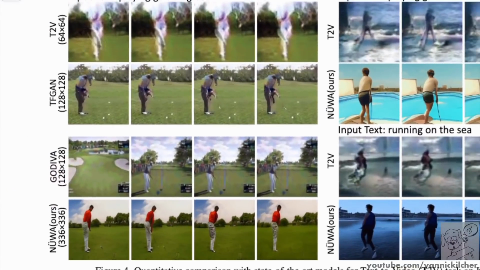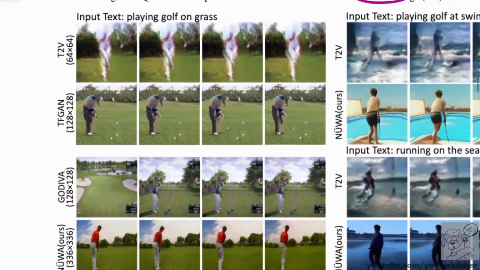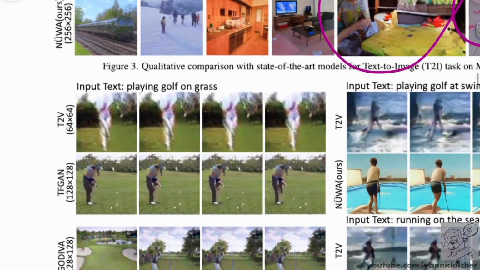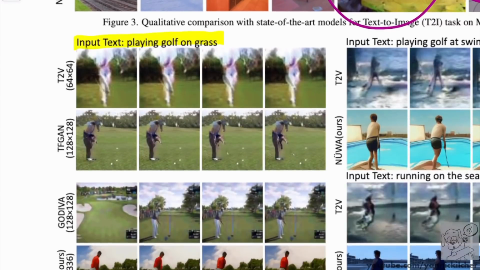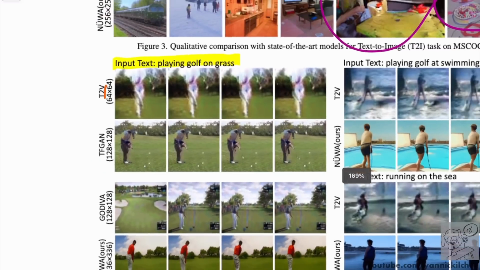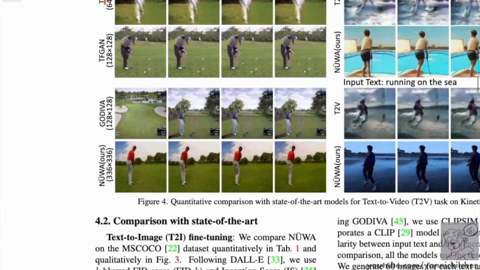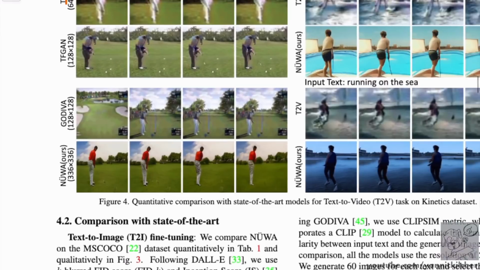I do like some of these outputs right here. Playing golf on grass, the baseline model, you can see it just screws up. Though I do think there aren't many baselines; for some tasks there are just none available because they kind of invented them themselves.